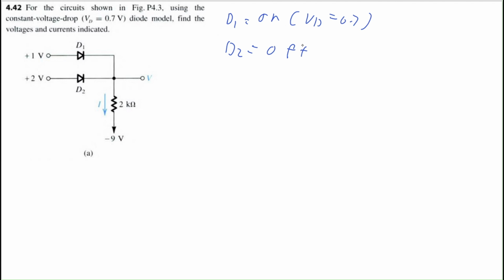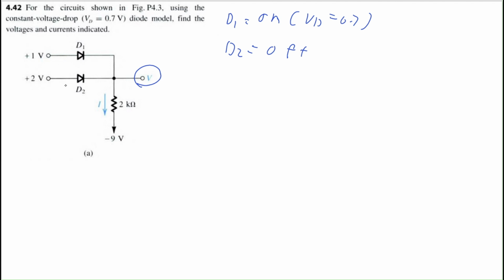So since D1 is on, it's going to have the 0.7 volt drop. So let's get started with circuit analysis. One of the things we want to find is V, and once we find V, we can solve for I. So according to our current assumptions, if D2 is off, it behaves like a giant resistor, an open circuit.